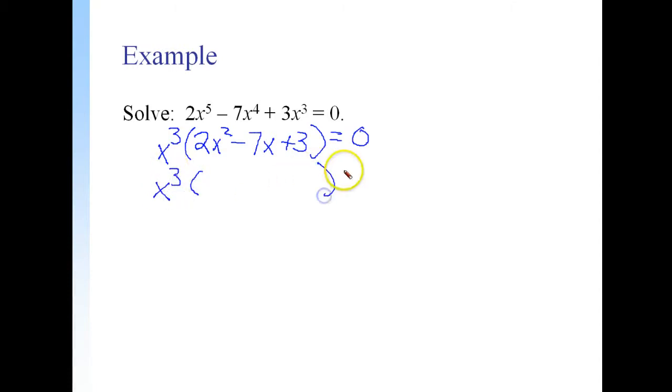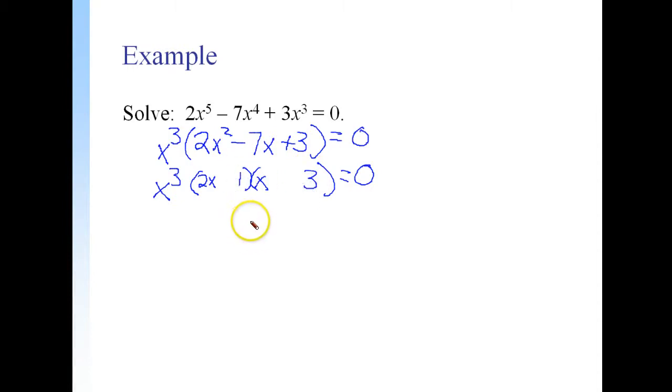Now I could use the AC method, but I'm going to be risky and try it right like this. Okay, I know this is going to be a 2x because 2 is prime. And this is prime also, and I want to get a 7, so this was sort of an easy one.